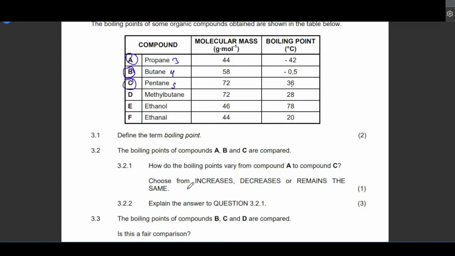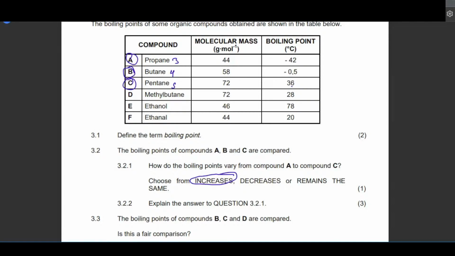Okay. Then let's say, how do boiling points vary from A to compound C? We have seen it. Choose increase or decrease, so we have said it increases. Explain your answer.